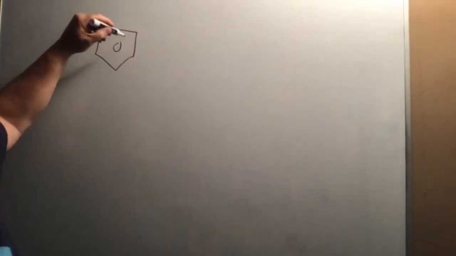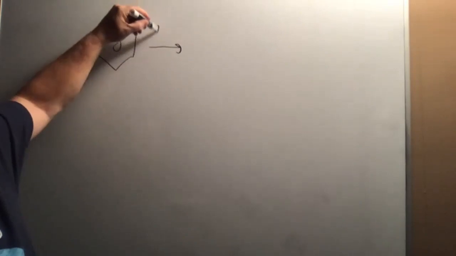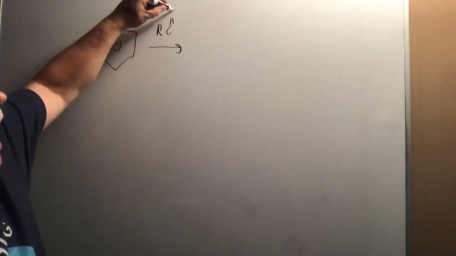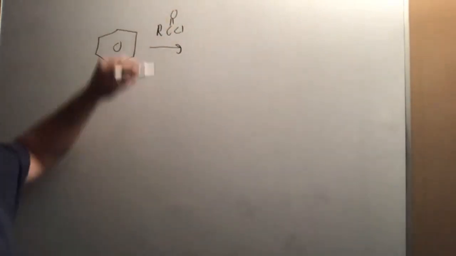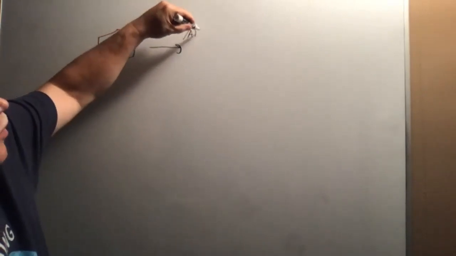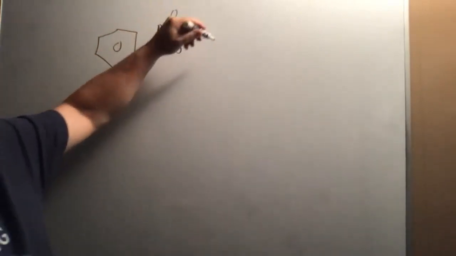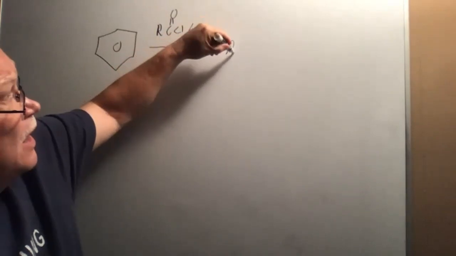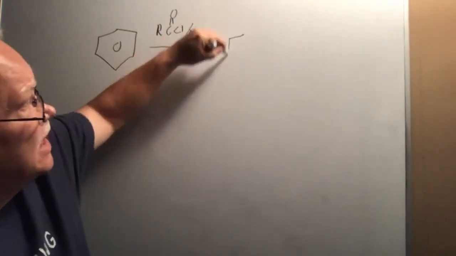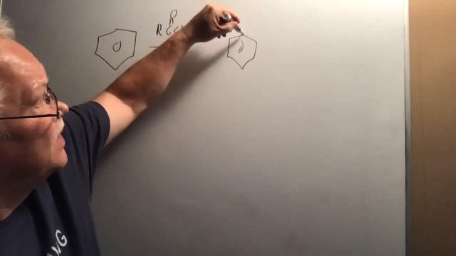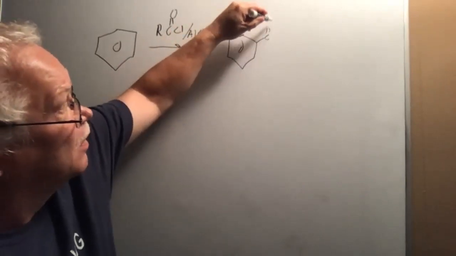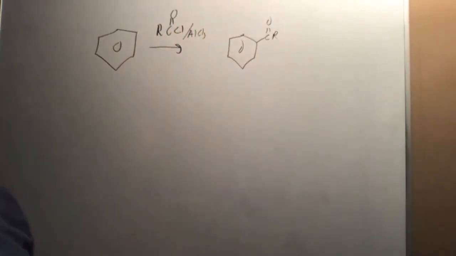And here's what happens. We take an aromatic ring and we react it with an acid chloride in the presence of aluminum chloride. And what this does is it puts the acyl group on the aromatic ring.